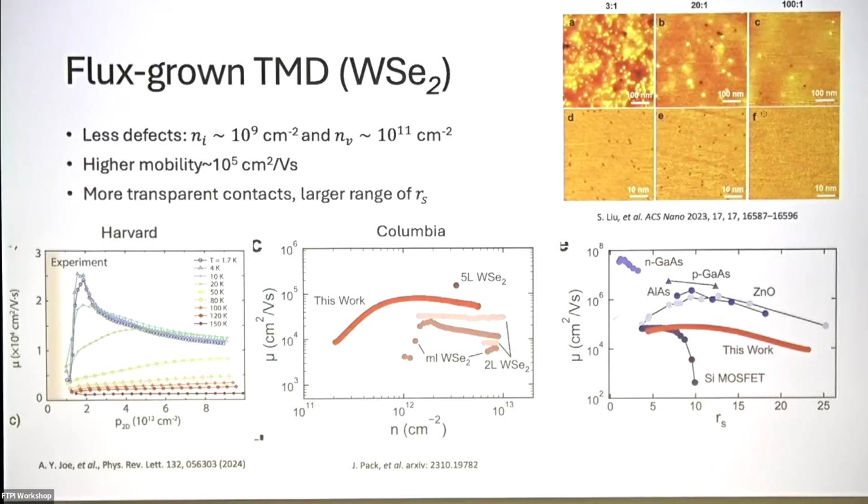Gallium arsenide is 0.067, but for TMD, it's usually like 0.5, the same order as the free electron mass. So this greatly increased the range of rs for the accessible density experimentalists can reach. This means we can probe the interaction physics more in this kind of material, similar to zinc oxide. I should mention there's another famous work of Wigner crystal observed in zinc oxide.